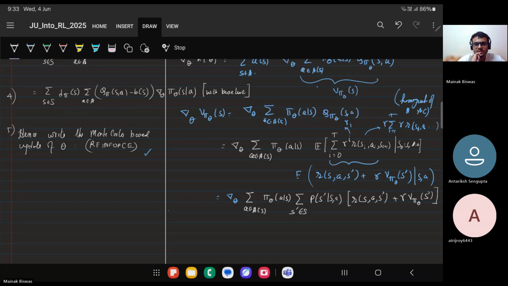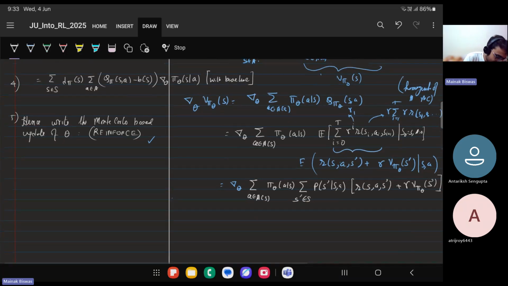Very nice. So now since we have all agreed to this, let us use the chain UV rule to differentiate it properly. If I differentiate first with respect to pi theta, what do I get? I get the derivative of pi theta of A given S, q pi of SA. Do you agree? This whole thing is q pi of SA.